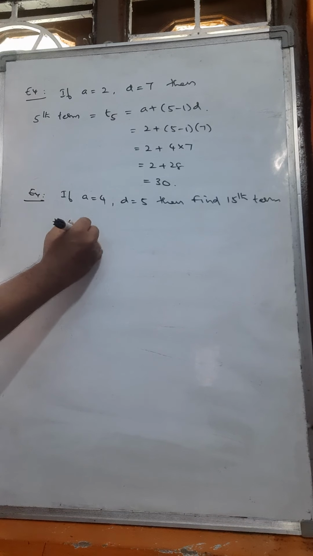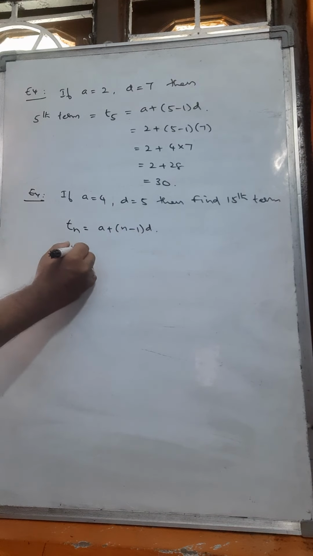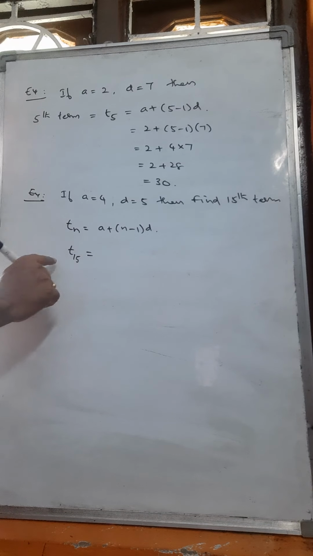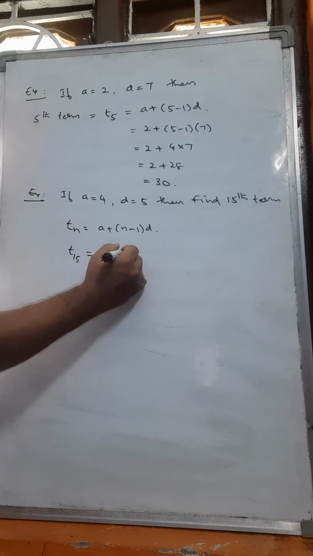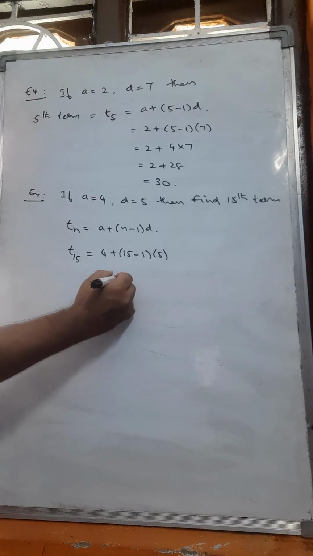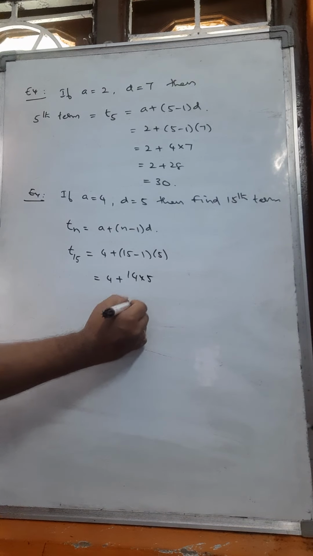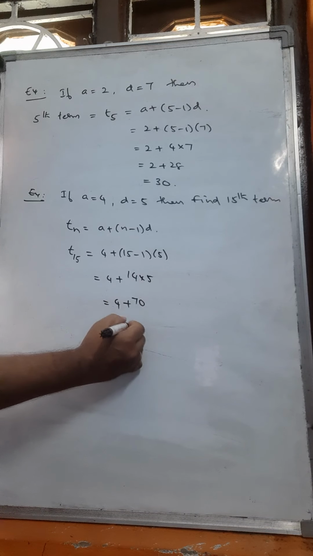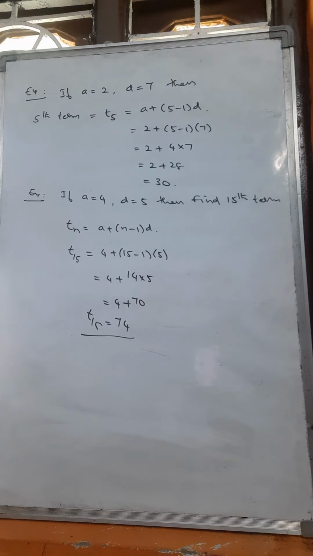We know Tn is equal to A plus n minus 1 into D. T15 is equal to 4 plus 15 minus 1 into D, D means 5. 4 plus 14 into 5, so that is 4 plus 70, that is equal to 74. T15 is equal to 74.